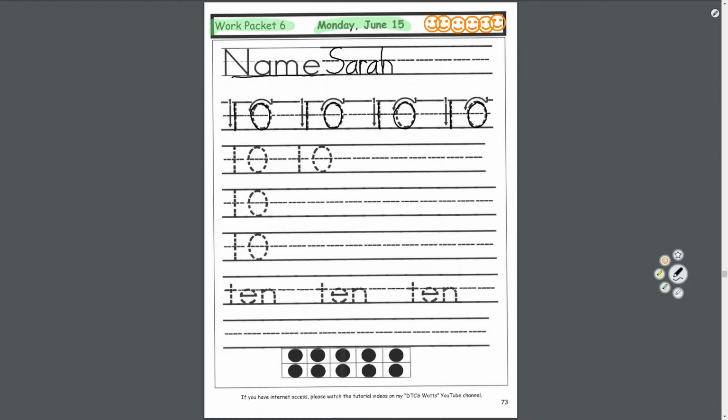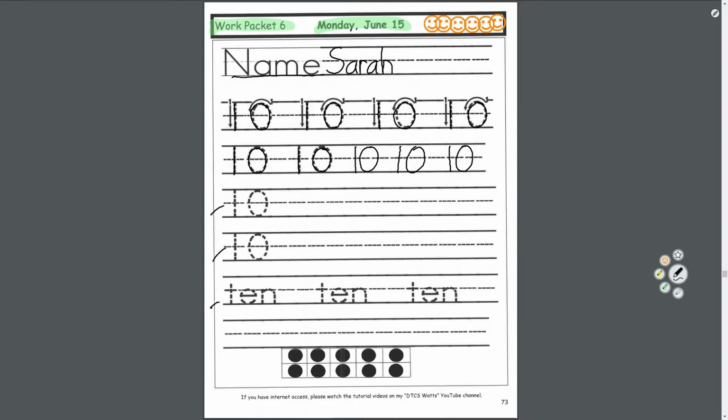Down here, down and around. And now by yourself, down and around. Finger space, down and around. Finger space, down and around. And then please finish this line and this line as well.